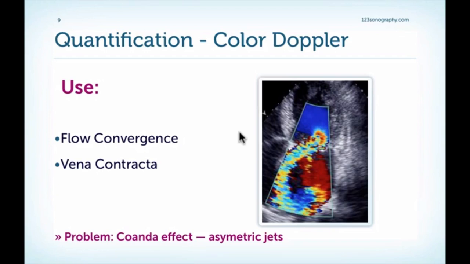This means that we're losing kinetic energy, momentum and velocity because the jet is directed into the wall. The jet will appear smaller than it actually should be, so we have the risk of underestimating the severity of mitral regurgitation. Again, stick to the proximal portions of the jet, the flow convergence, and the vena contracta.